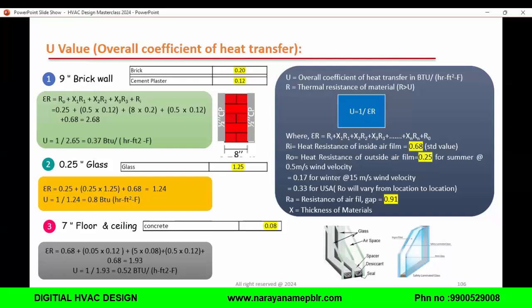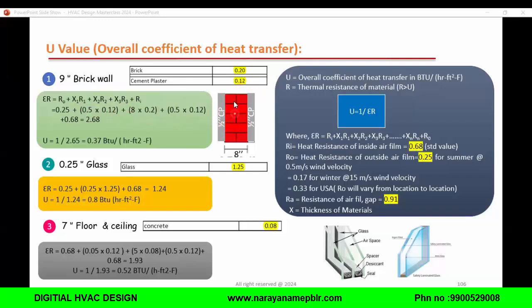Now, this is a 9-inch brick wall. As I told, R0 for outside air, then X1, R1. X1 is for cement plaster, and X1 is half an inch, meaning 0.5. R1, the resistance of the cement plaster, is 0.12.